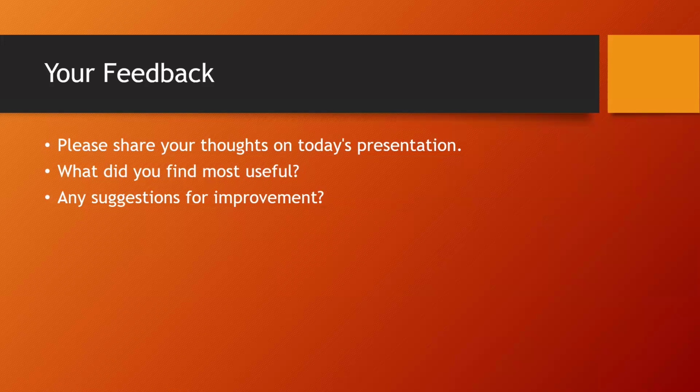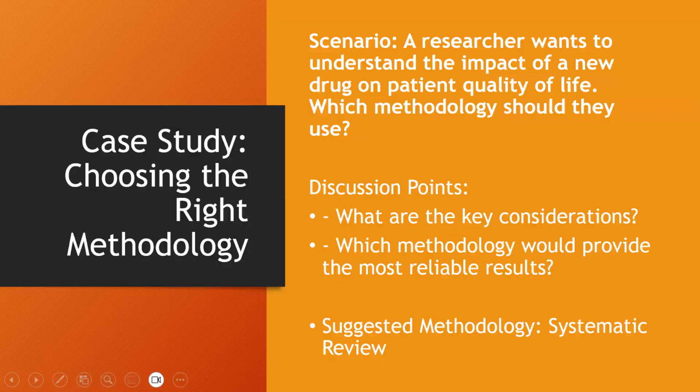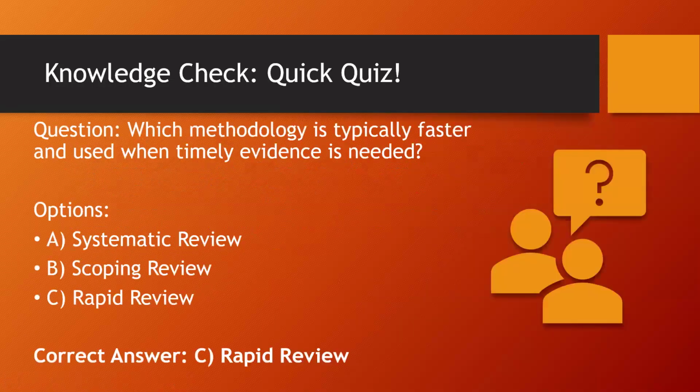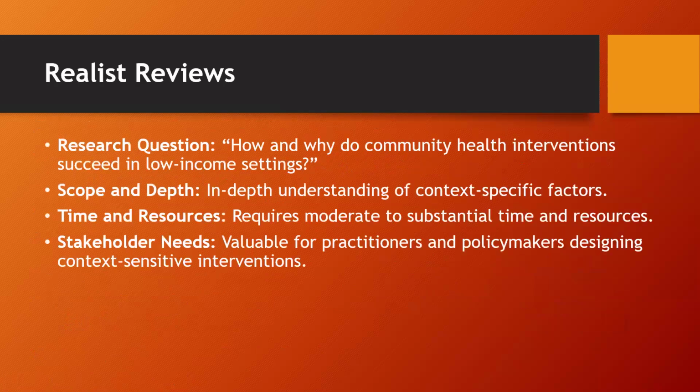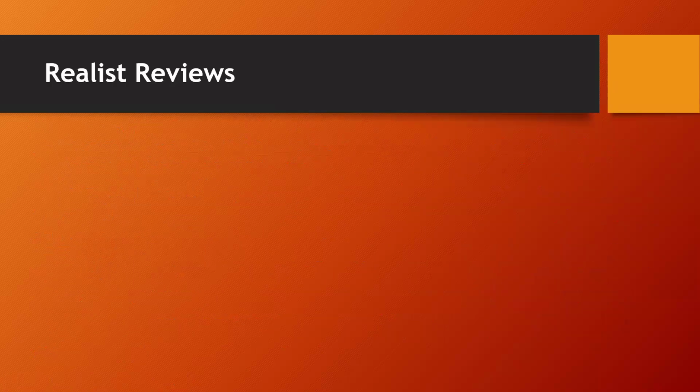If you have numerical data, you can also go for the meta-analysis. It all depends upon your time, resources, and research question. So I will definitely say systematic review is the best choice for your research question.